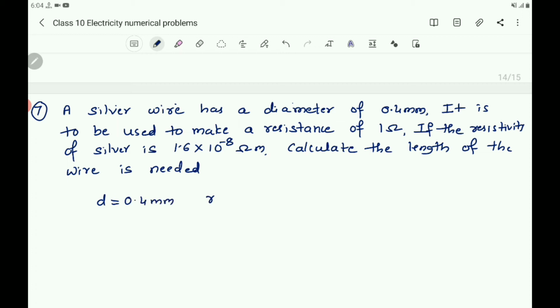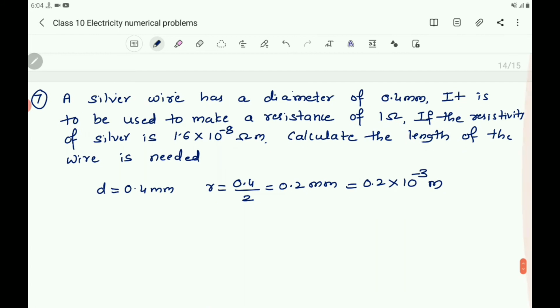So R is needed. R equals 0.4 by 2, that equals 0.2 mm. You convert this into meter, that is 0.2 into 10 power minus 3 meter. And resistance is given, R equals 1 ohm.